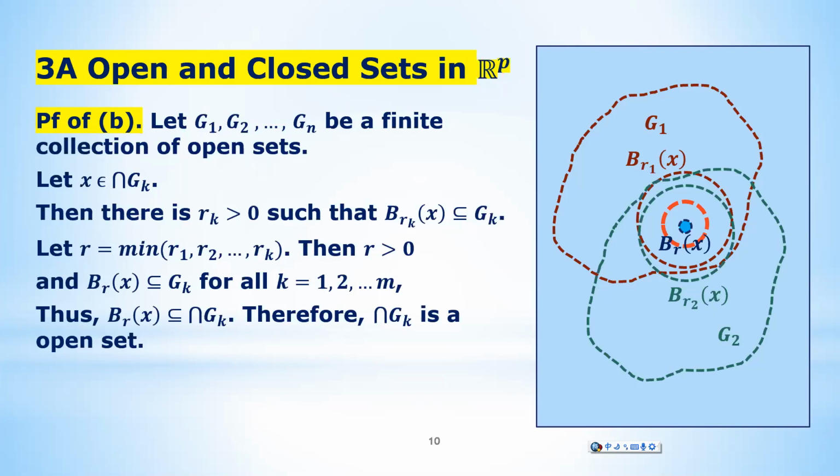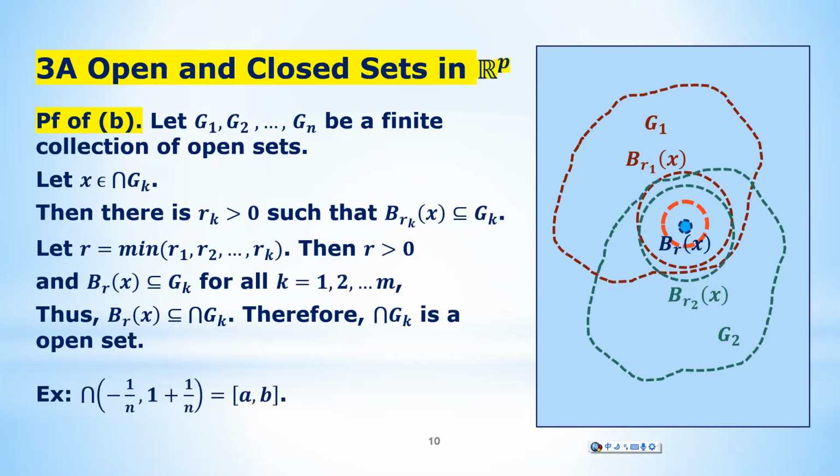This is true for every x in the intersection. Therefore, this shows that the intersection of G_k is an open set. That's the proof. Basically the proof is just repeatedly applying this definition, and you can find the result.